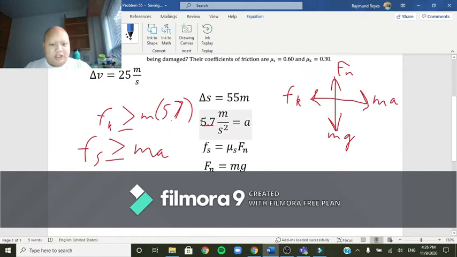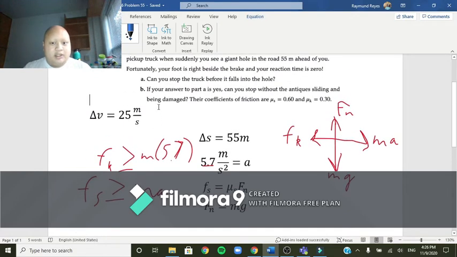So I calculated that 5.7 meters per second squared is the acceleration of the truck, excuse me. So in order for the truck to stop right at the hole before it falls, the kinetic friction has to equal mass times acceleration, which we calculated as 5.7. So that's your answer for part A, and that's the only way that the car can stop before it falls into the hole.